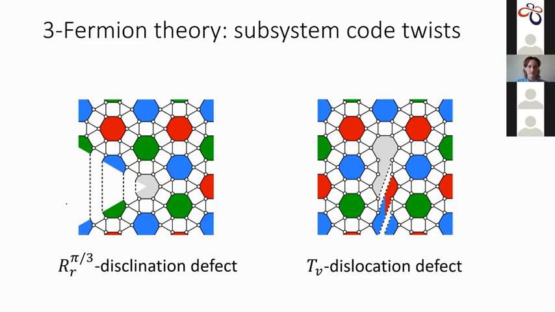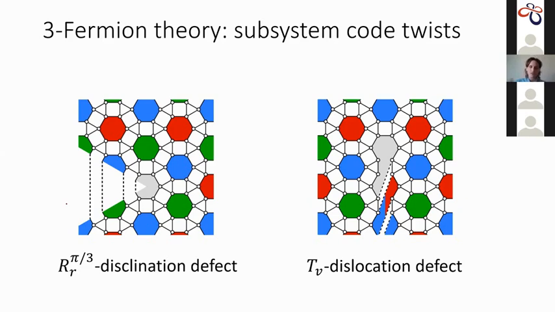For the disclination defect, you have to cut out a 2 pi on 6 wedge of the lattice, and then stitch it back together by putting in these edge terms that you cut, which will be some mixed edge terms, x, y edge terms, because they cross this defect that did the x to y symmetry. You can also have a more traditional dislocation defect, which I've drawn on the right, that will be one of these order 3 defects.